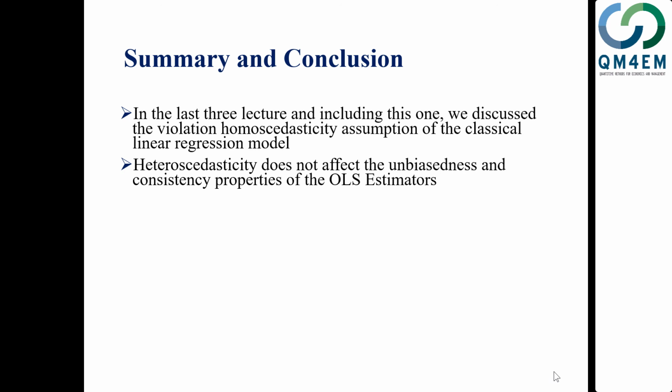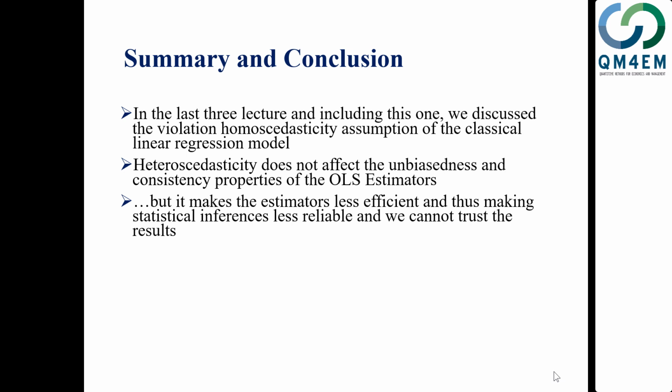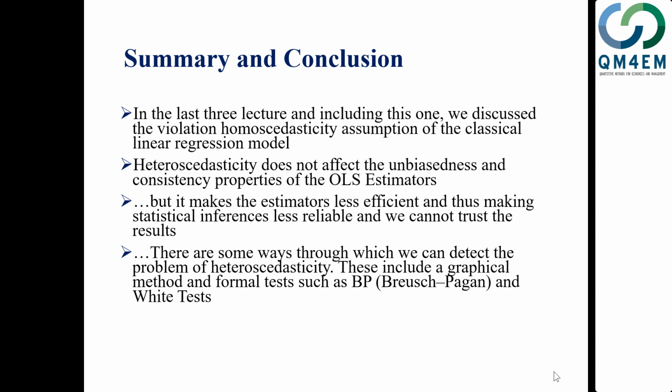However, it makes the estimators less efficient, and they are no longer the best estimators, and because of that it becomes less reliable, and we do not trust the results of the OLS estimators anymore. And then we discussed that there are a number of ways through which we can test if there is a problem of heteroscedasticity. These ways were the graphical method and then the formal tests, the BP test, the White test, or the other tests as well.